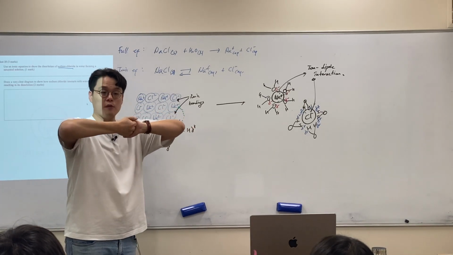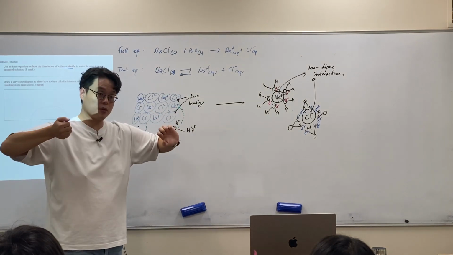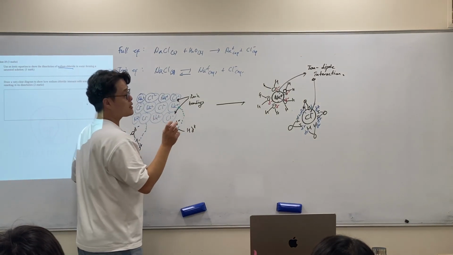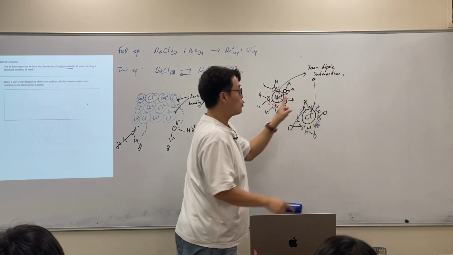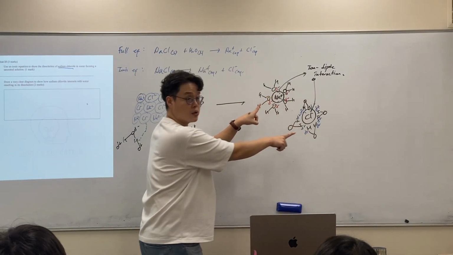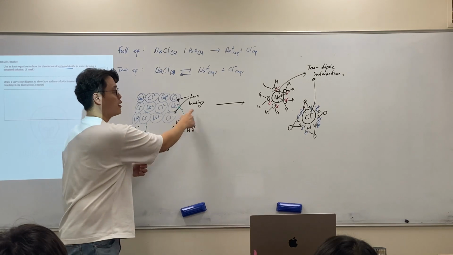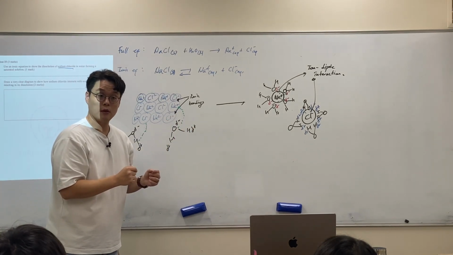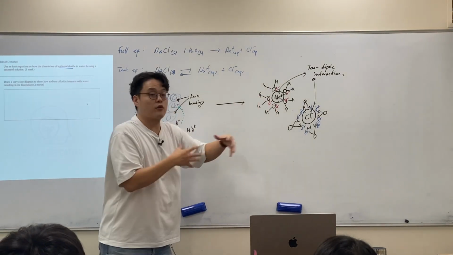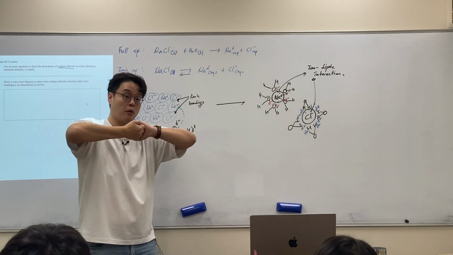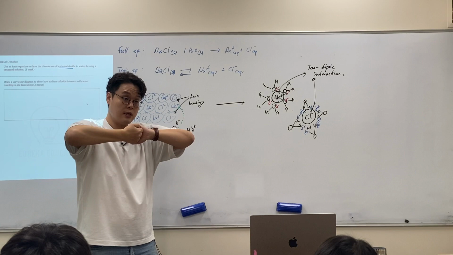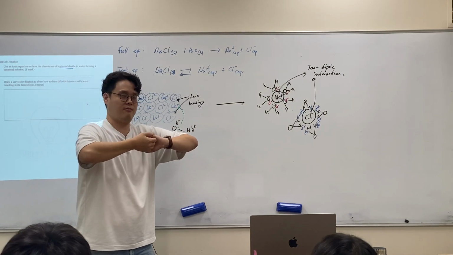If someone helps you to detach the hand, that's the breaking of the ionic bonds, which means the ion-dipole interaction between water molecules and these ions is greater than the ionic bonding strength. So water has greater interaction than the ionic bonding between sodium and chloride. Does it make sense? Okay.